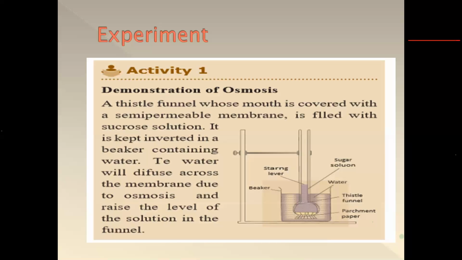So அந்த parchment paper வழியா என்ன போகுது? வாட்டர். So வாட்டர் சுகர் உள்ள இறங்குது. So what happens, the thistle funnel குள்ள இருக்கிற அந்த சுகர் சொல்யூஷன் இன்க்ரீஸ் ஆயிட்டே இருக்கும். புரியுதா? You understood? So this is the demonstration for the osmosis. This is just an observation only. If you can follow the movement, the concentration gradient, the water outside the beaker moves inside the thistle funnel.